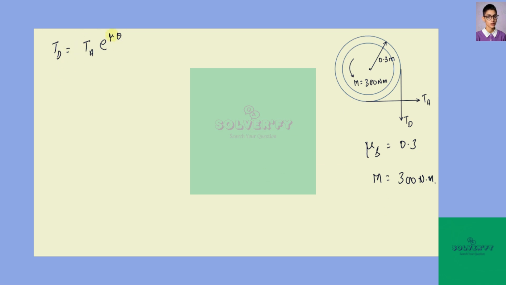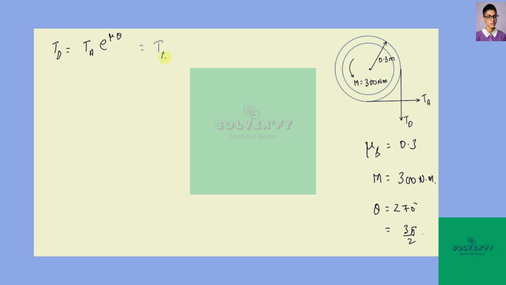Now, mu is given as 0.3, where theta is the angle of wrap, and if you see the figure carefully, theta would be equal to 270 degrees, and in radians its value will be 3 pi by 2. Now I'm going to plug all these values into this equation.